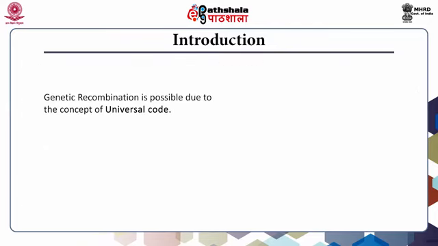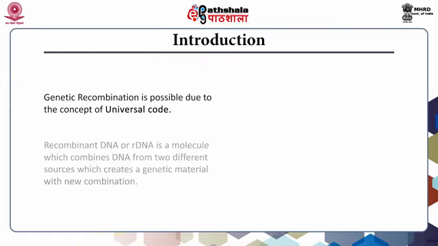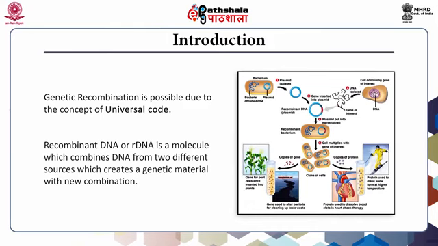Genetic recombination is possible due to the concept of the universal code. Recombinant DNA, or rDNA, is a molecule which combines DNA from two different sources and creates genetic material with a new combination. The figure alongside shows the concept of recombinant DNA technology. The cell containing the gene of interest has its DNA isolated, and the gene is inserted into a plasmid which is isolated from another bacterium.